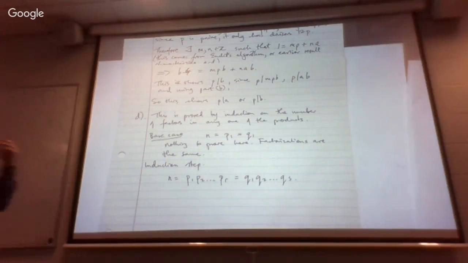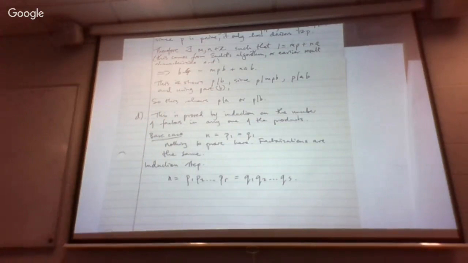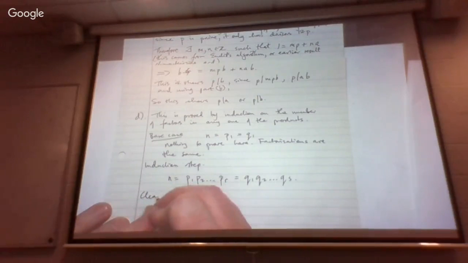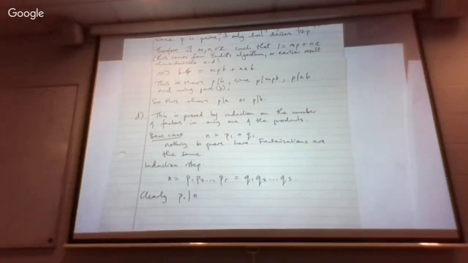Here we have two potentially different prime factorizations, P1 up to PR, and Q1 up to QS. So clearly P1 divides n. So that implies that P1 divides this product, Q1, Q2, up as far as QS.